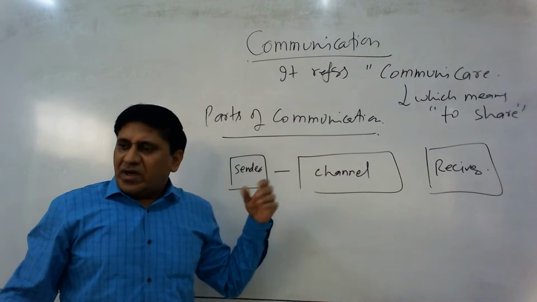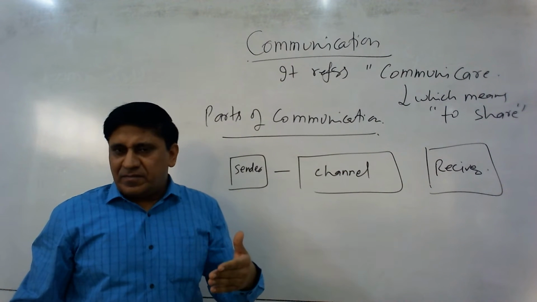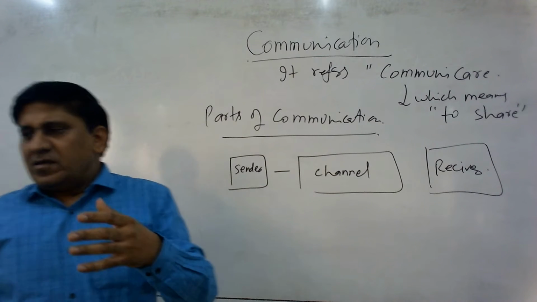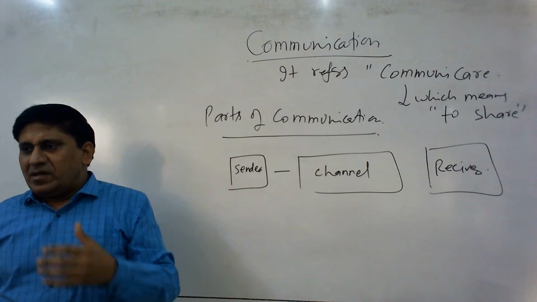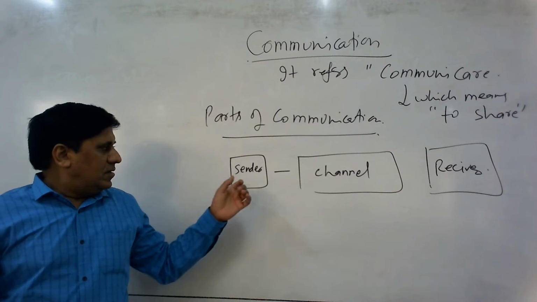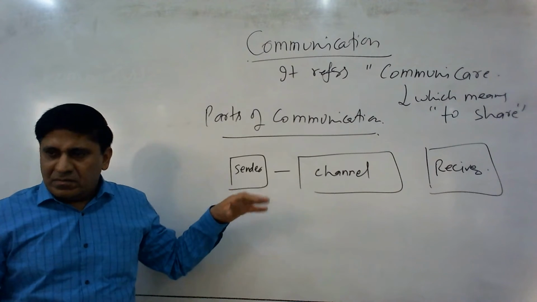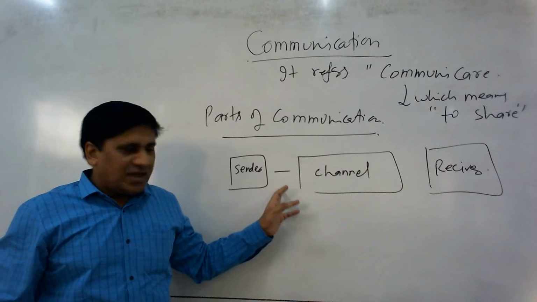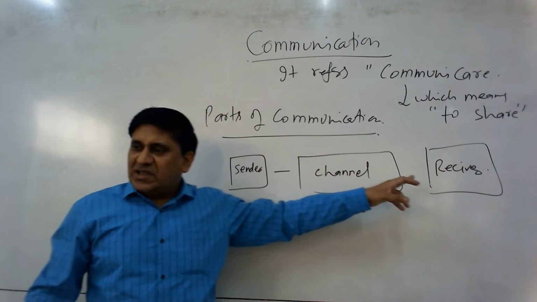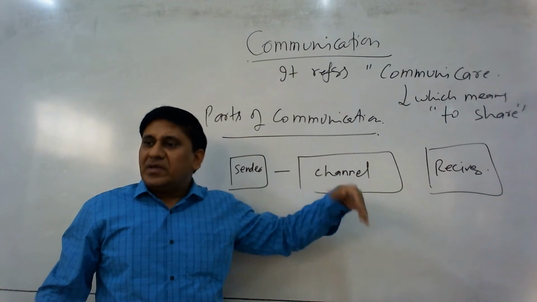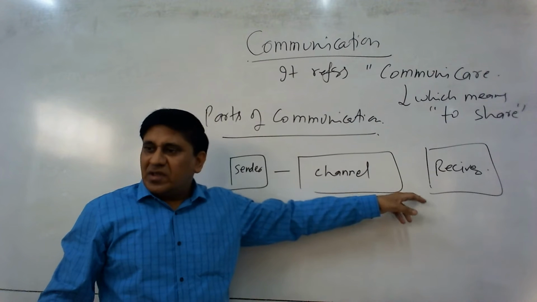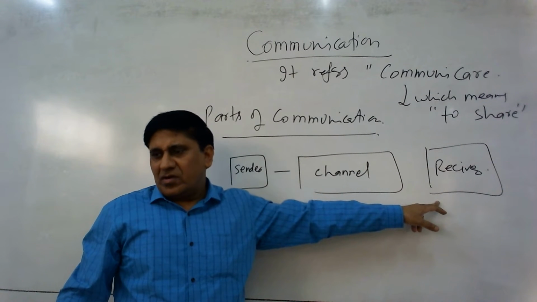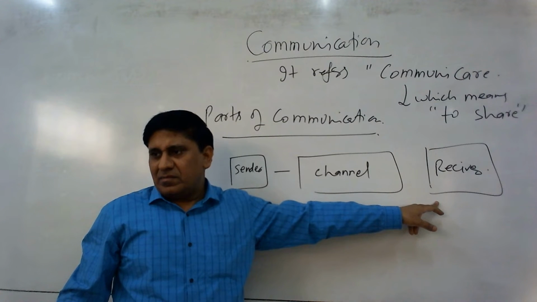It is also called a person who speaks some voice signal, some message signal, and this signal is transferred to the receiving side or the receiving antenna or the receiver, which can be a person or the receiving system.